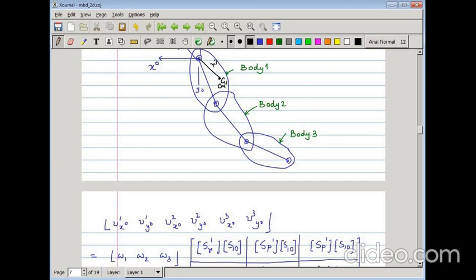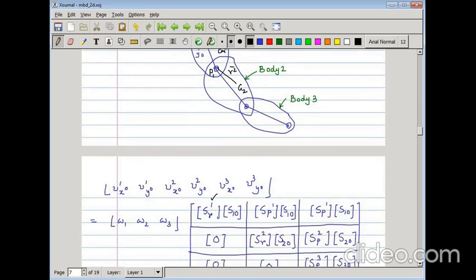This is R1, so this is omega 1 cross R1. And what is the center of mass velocity of body 2? This is R2. The velocity of this point, this is P1, is SP1 S10, then this SR2 S20 will be multiplied with this. So it will be omega 1 into this plus omega 2 into this. And for body 3, it will be the velocity of this, then the velocity of P2 with respect to P1.